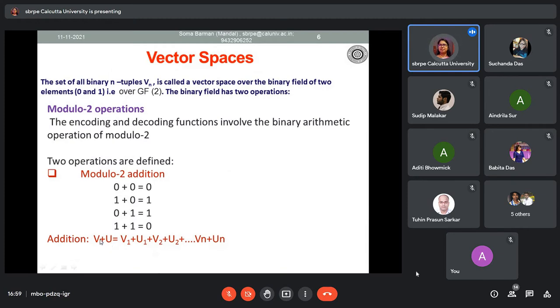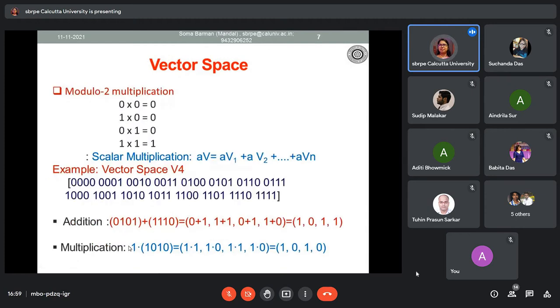V1 will be added with U1, V2 will be added with U2, and Vn will be added with Un. This way. This is the arithmetic operation, and also the multiplication. These two operations we are considering. But mostly here we are considering the scalar multiplication and the arithmetic addition.